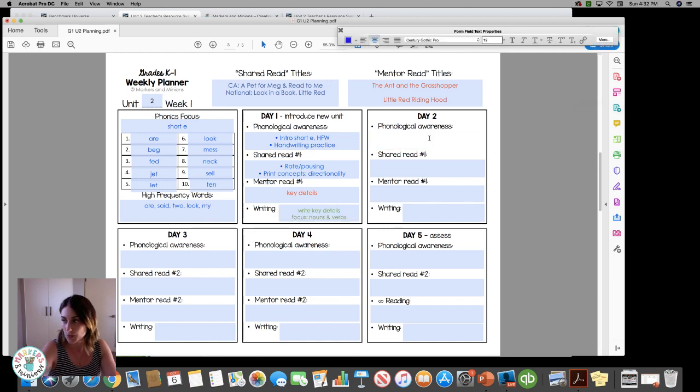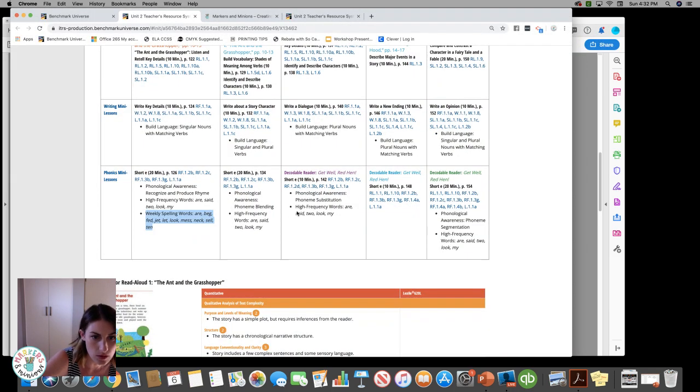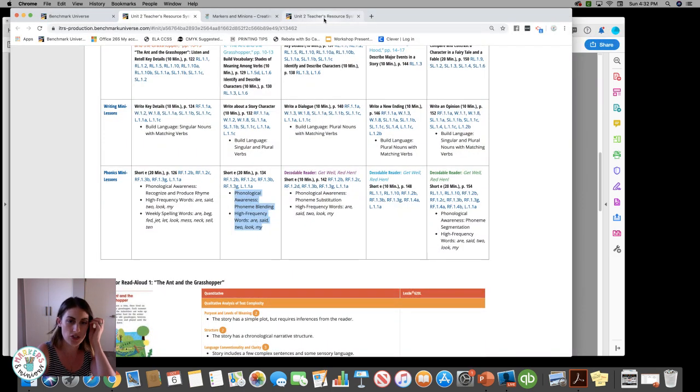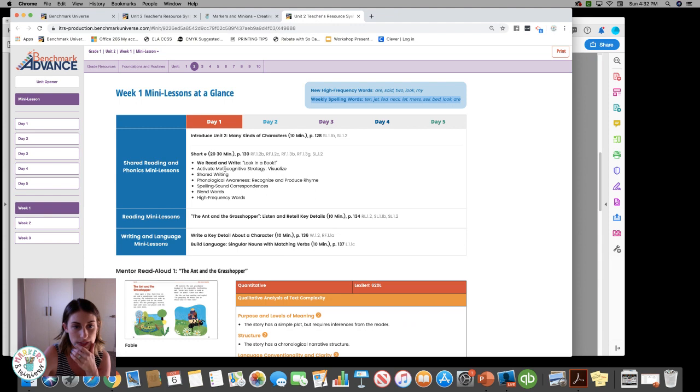So day 2, I'm going to focus on the blending and high frequency words. For my shared reading, day 2, I'm going to annotate. So this is going to be different for national. For day 1, your shared reading is going to be like your visualizing and your shared writing.